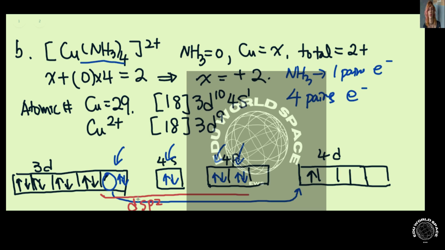All right, so looking at electrons in the complex, we have here 1 unpaired electron. Since there is an unpaired electron in the complex, this will be paramagnetic. All right, so the answer for part B is paramagnetic.